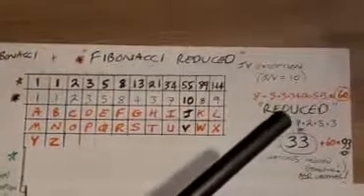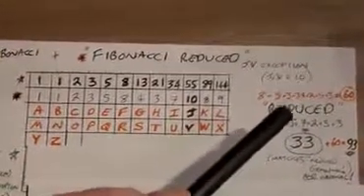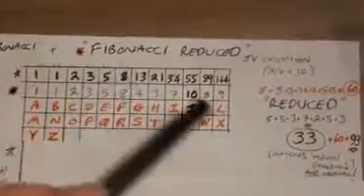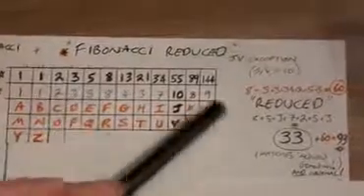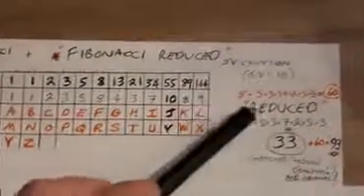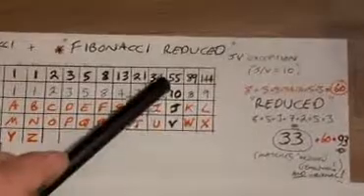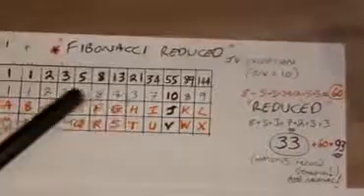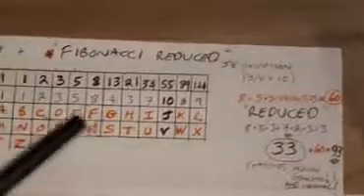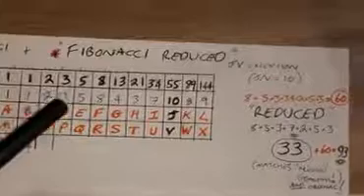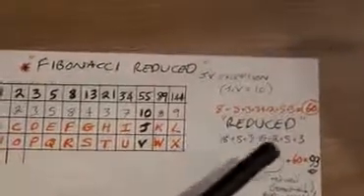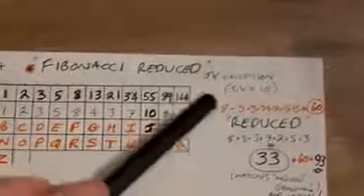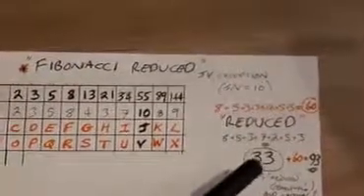To show that, for reduced in ordinal it's 60: R is 8, E is 5, D is 3, U is 34, C is 2, E is 5, D is 3. Okay, 60. Reduced in Fibonacci reduced, there's no J or Vs, it's 33.